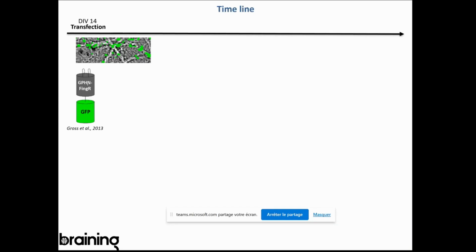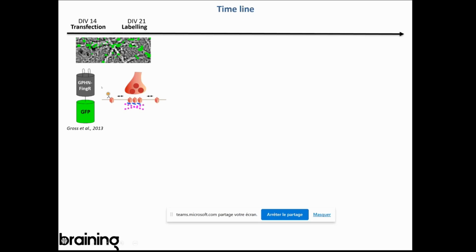This nanobody is going to stain endogenous gephyrin, the scaffolding protein for the receptor, which is a good marker of inhibitory synapses. But you can do that also for excitatory synapses using PSD95, which is the scaffolding protein for excitatory synapses.